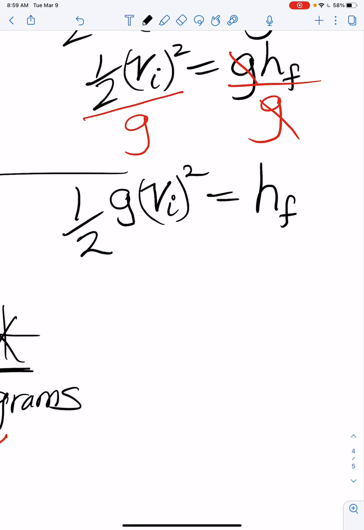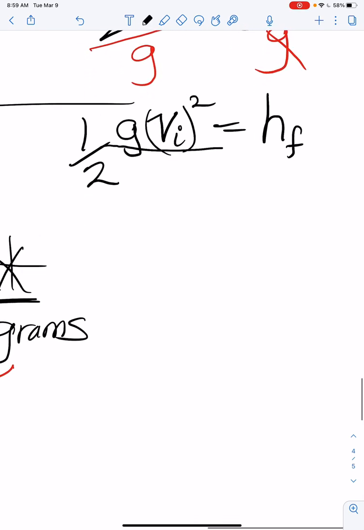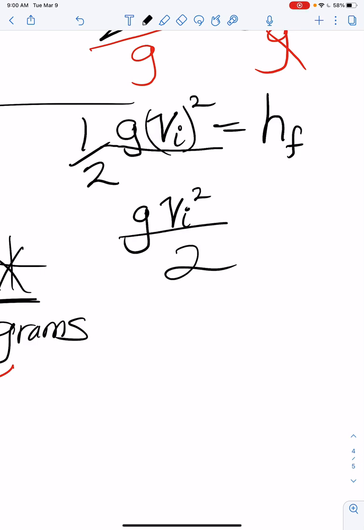And if you want to be particular here, you can rewrite it one more time as v_i squared over 2g, right? Because that's the same as what we just had up above with that half. I just thought I'd do that just to show you.